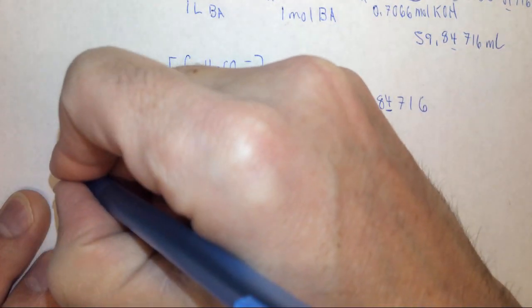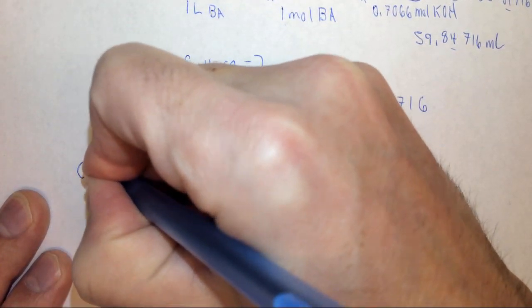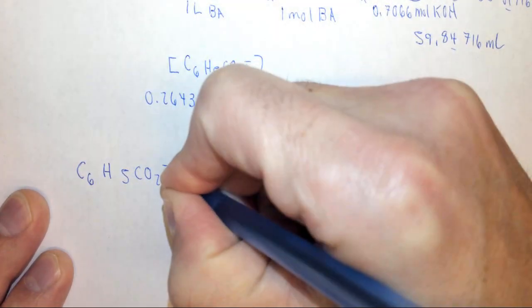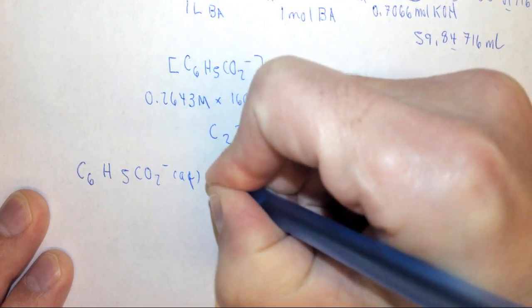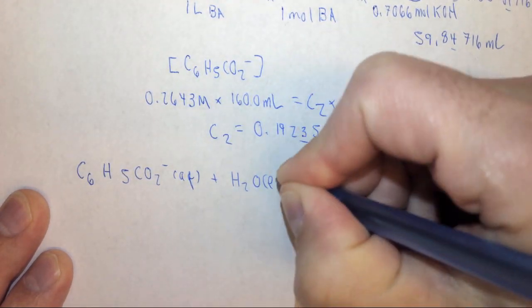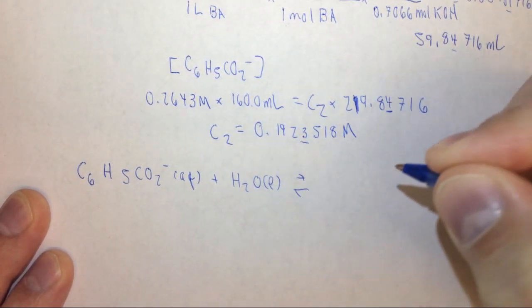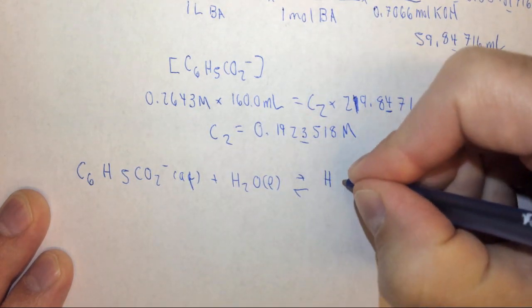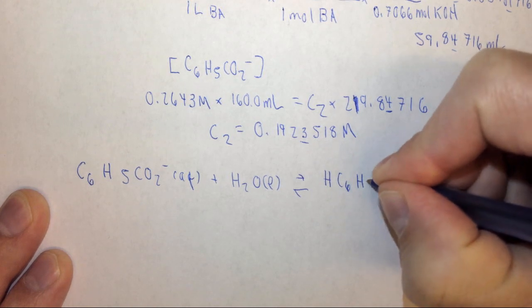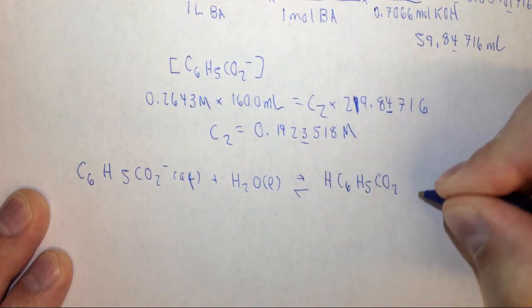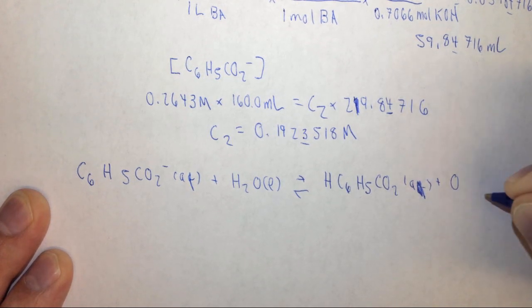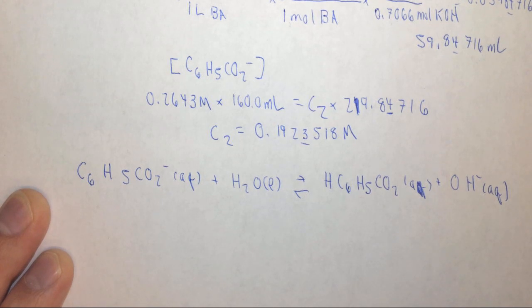So now we have this base, the conjugate base of a weak acid, C6H5CO2 minus aqueous, plus water, liquid, and it's going to be in equilibrium, where it's going to take a proton away from water, and we're going to get HC6H5CO2 aqueous plus OH minus aqueous, like this.